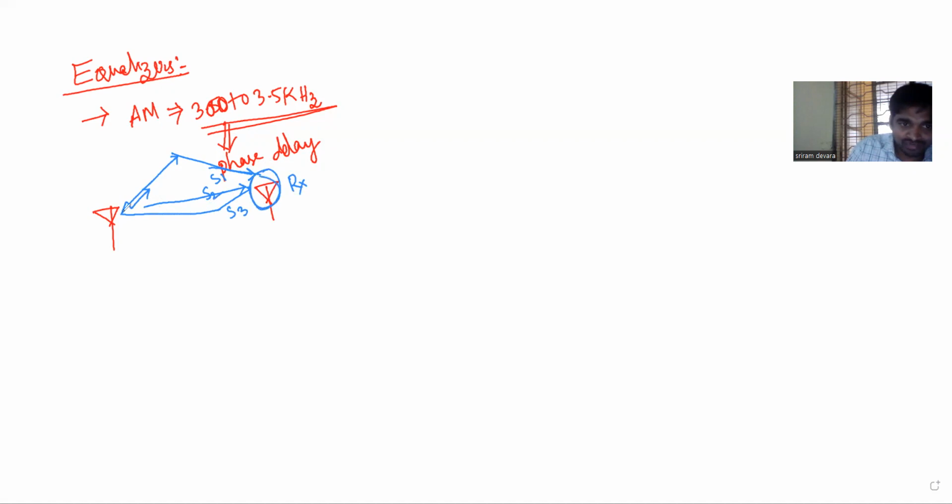If the distance traveled by a wave is very large, it reaches late compared with the S1 wave, and S3 will reach the receiving antenna just before S1 reaches here. So S1, S2, S3 signals reach at different instants of time because of time delay.